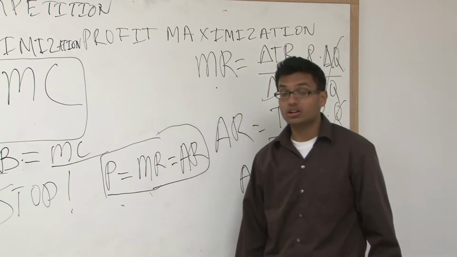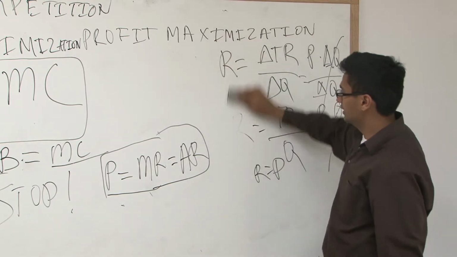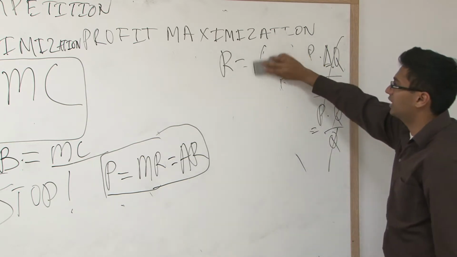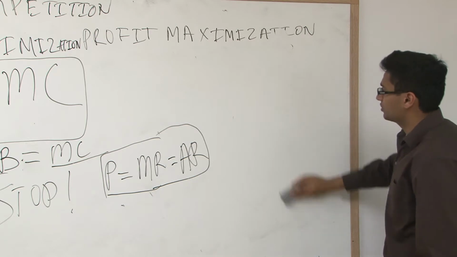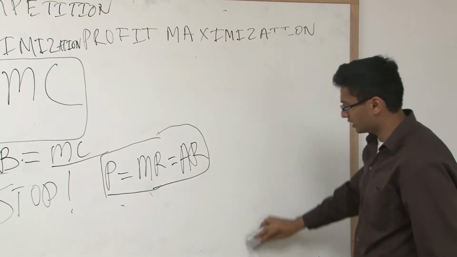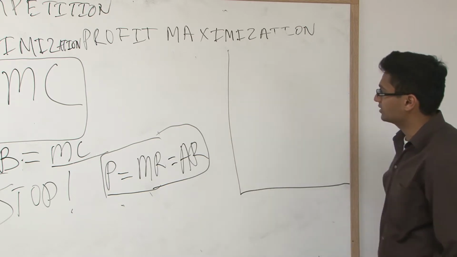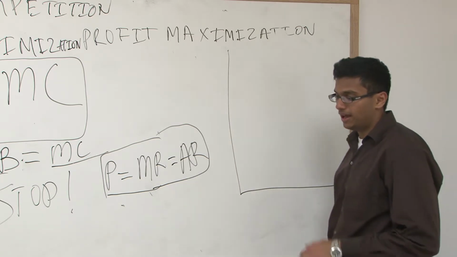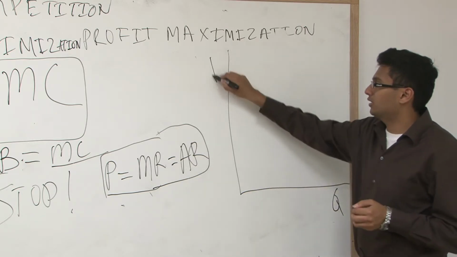So let's try to graph a perfectly competitive market. We've gone through the algebra. Now is the graph part to understand how a perfectly competitive market works. Let me get the X and the Y axis going. I have quantity over here, price over here.